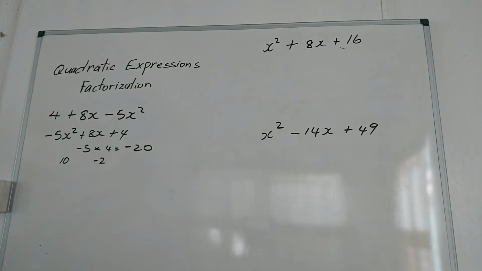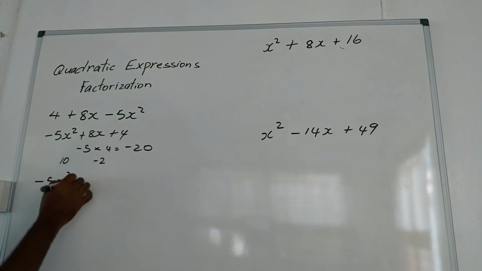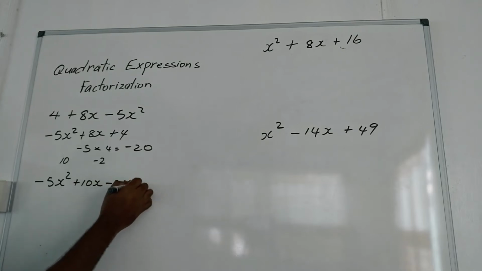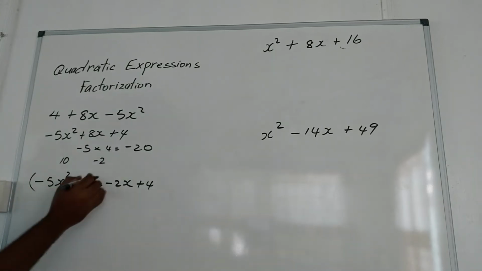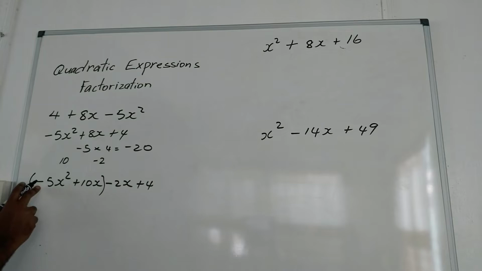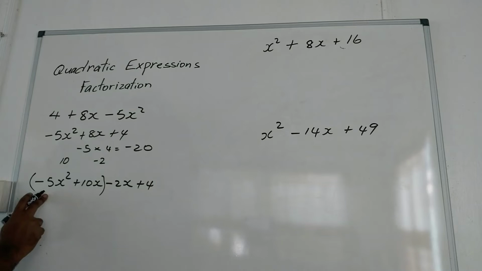So we rewrite our expression: minus 5x squared plus 10x, take 2x plus 4. Now we group and factorize. Here our common factor will be negative 5x, because negative 5 goes into 10 and both of them have x.